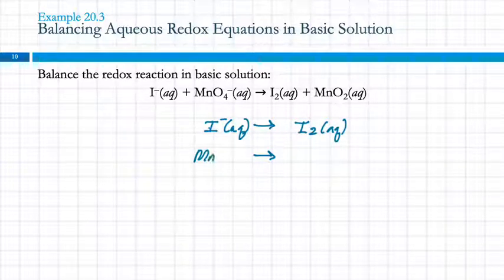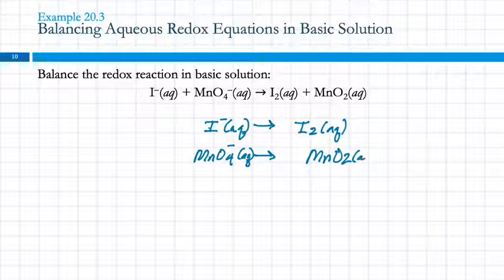And I've got the MnO4-, and I've got MnO2. I'm going to balance for mass. The top one, I've got 2 iodines on this side and only 1 over here, so I can fix that by putting a coefficient of 2 over here.